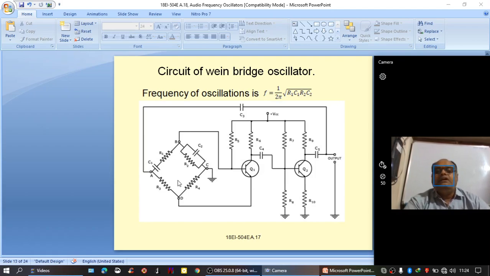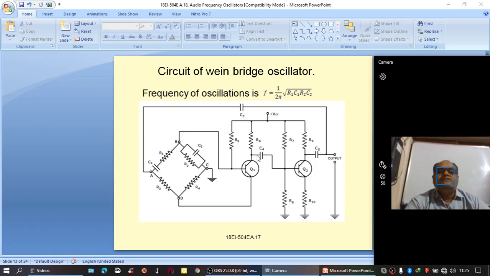Then here the output of the bridge is given between the base and emitter of transistor Q1, that is voltage between terminals B and D. Now this output voltage of the bridge will drive the transistor into conduction. The transistor starts conducting.